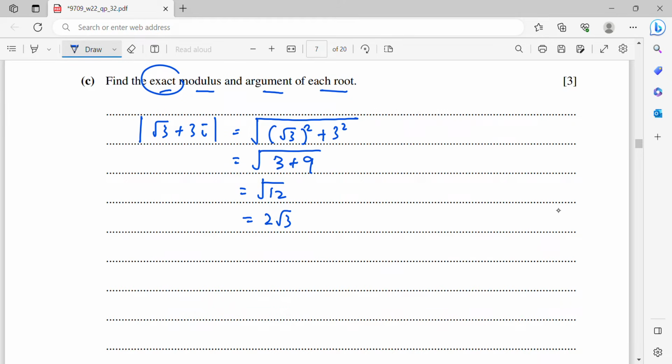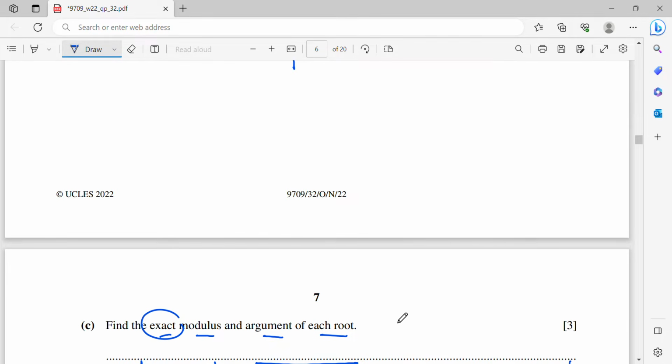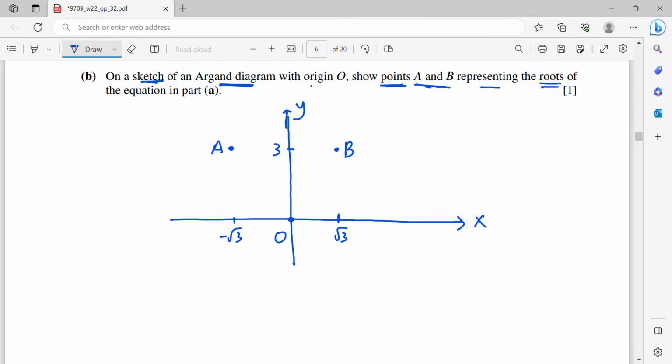Now, next, find the argument of root 3 plus 3i. For this case, I need to draw the Argand diagram, or probably no need to draw, you can just refer to the previous part, which means it's like this. The argument is in the first quadrant. This is the argument.